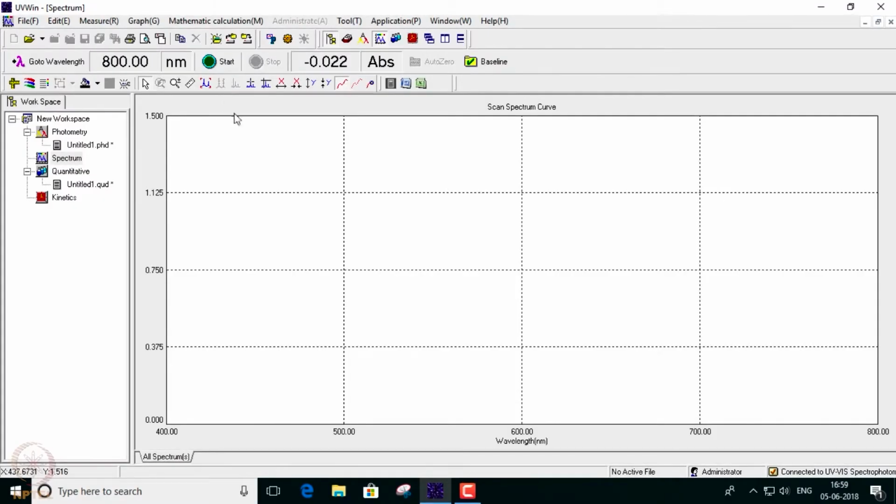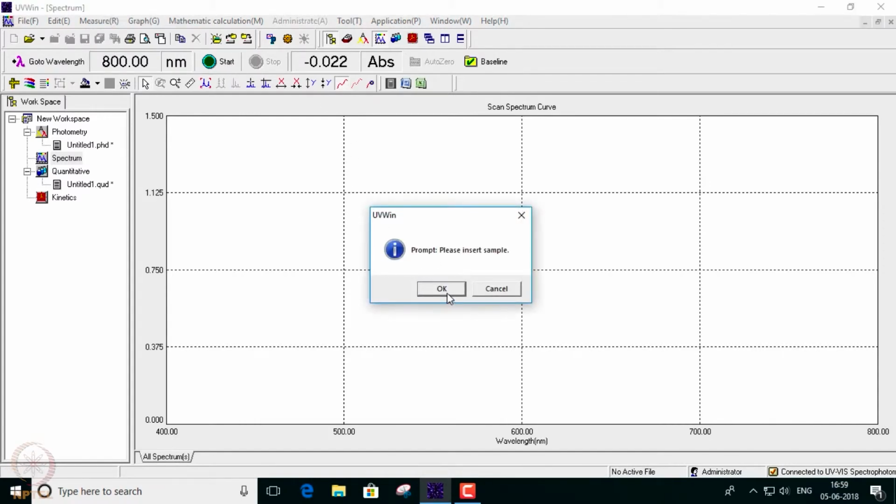After inserting the rhodamine B sample into the UV spectrophotometer, we will be starting the measurement. We have already inserted the sample.